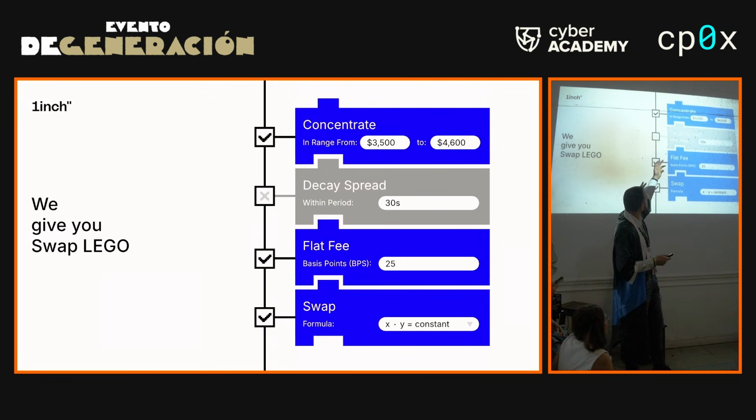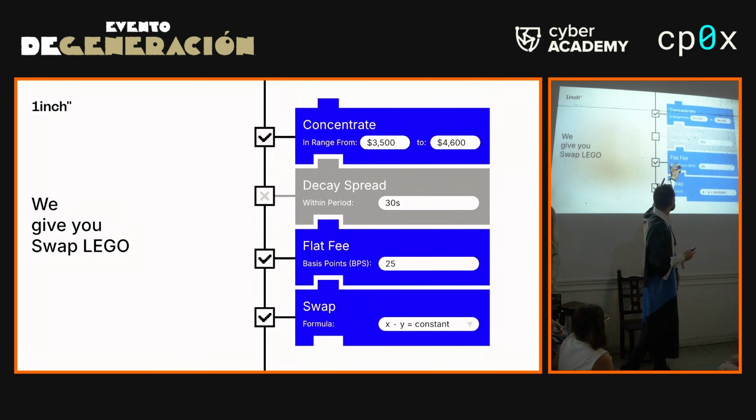There are also instructions to concentrate within some range. If you want to achieve concentrated constant product, just place those instructions one by one and you will have this program which is defining the logic of how your position, your liquidity should actually work.